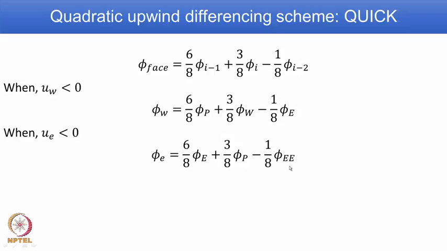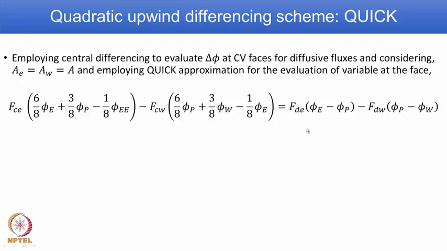So, we always have to remember the one-dimensional terminology, and then you can immediately identify what I minus 1 and I minus 2 are. We follow the same sequence, employing central differencing type of approximation for the derivative used in the diffusive term, and employing the QUICK scheme of approximation for the evaluation of the variable at the phase. Then we get the discretized form of the equation as shown here.